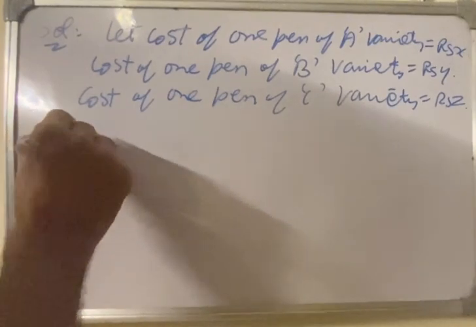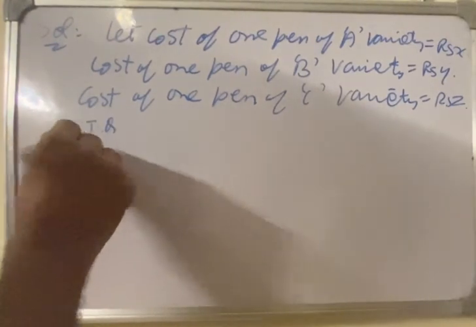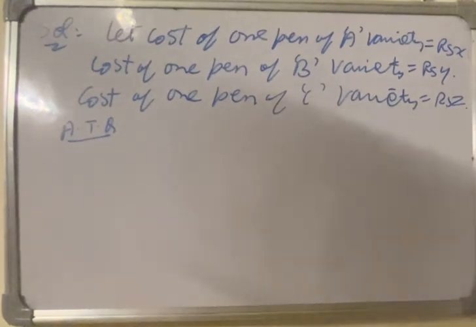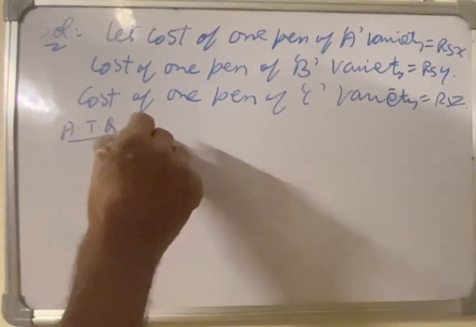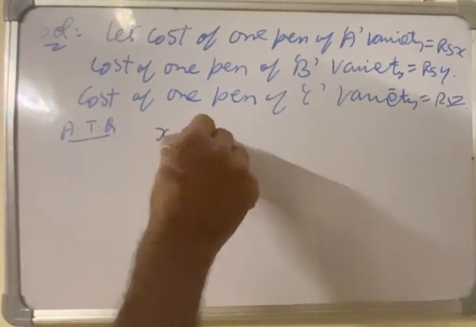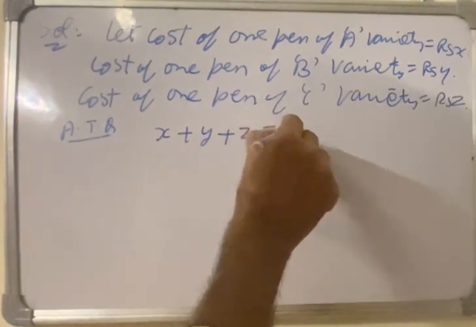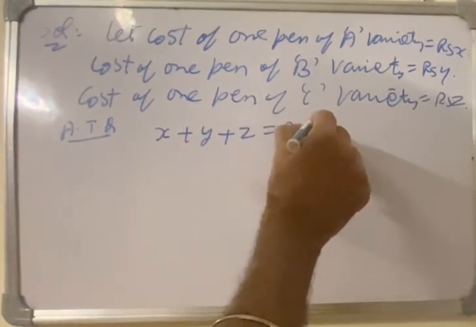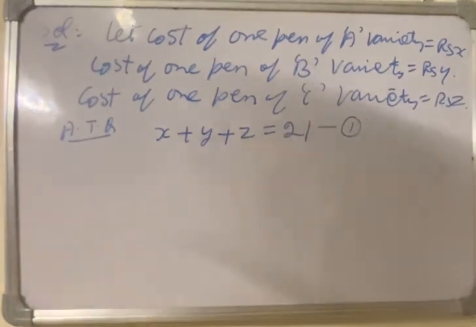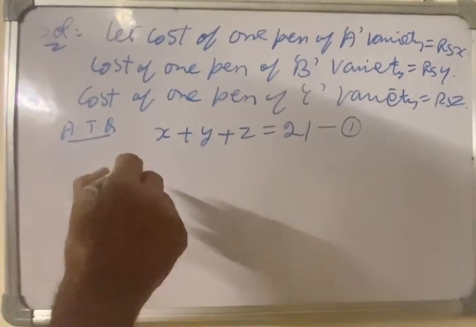According to the question, Meenu purchased one pen of each variety for a total of rupees 21. Therefore, x plus y plus z is equal to 21. This is number 1. Then Jinu purchased 4 pens of A variety, 3 pens of B variety, and 2 pens of C variety.